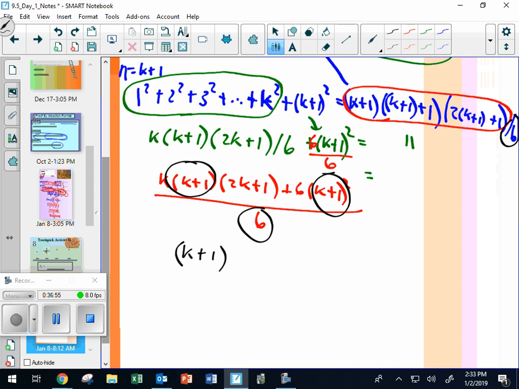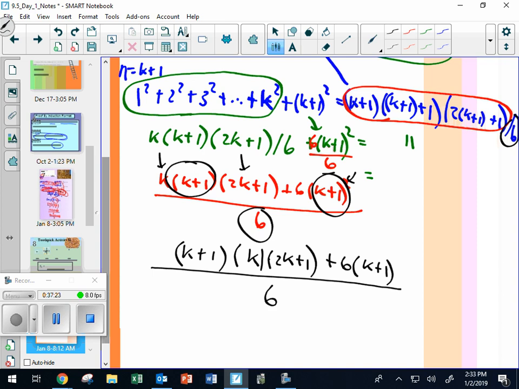And then what's left if I do that? That, and the 6 times k plus 1, because this was squared right here. All over 6.